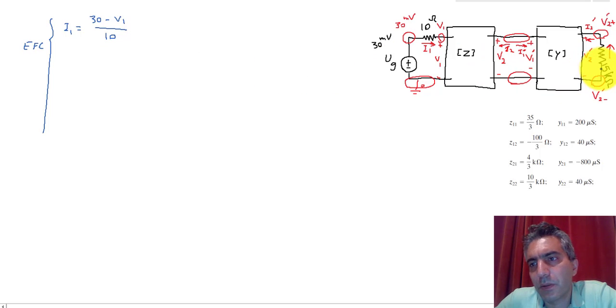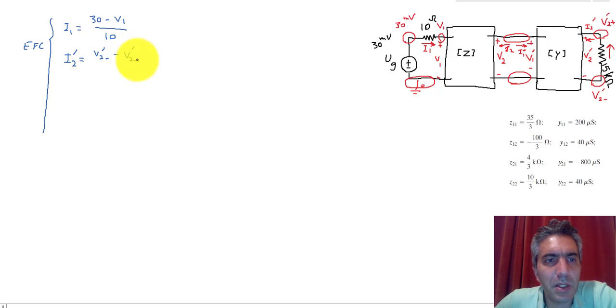Then I'm going to go to the other resistor and write the equation for that component. So I2 prime is equal to V2 prime negative minus V2 prime positive divided by 15,000. But obviously from the definition for V2 prime, we know that this is actually minus V2 prime divided by 15,000.